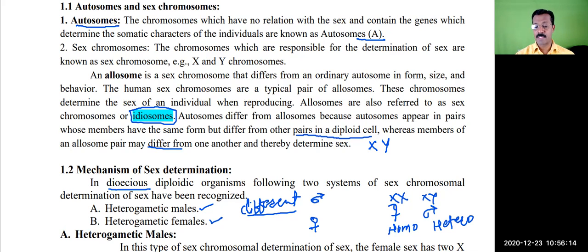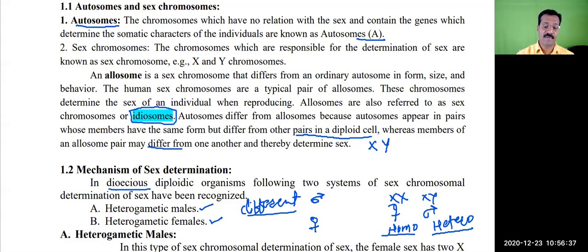XX means both the chromosomes are similar in form, nature, behavior, so they are homogametic. And here X and Y are different from each other, and that's why they are called heterogametic. And this is found in the male. So this basic knowledge we have seen.